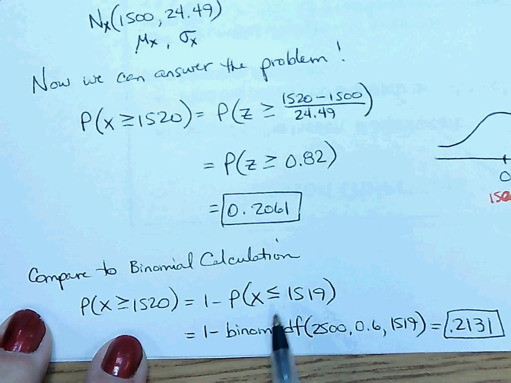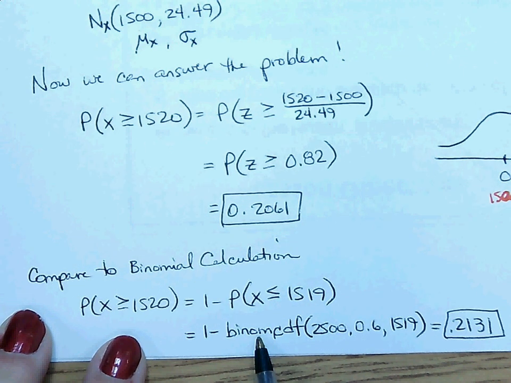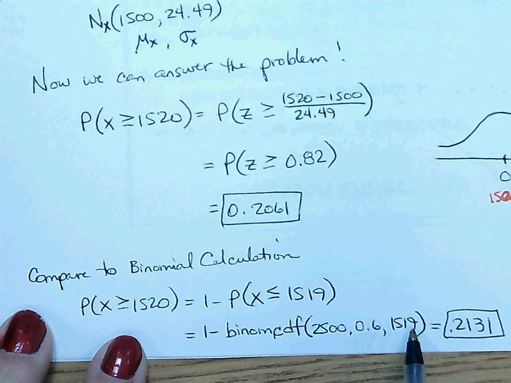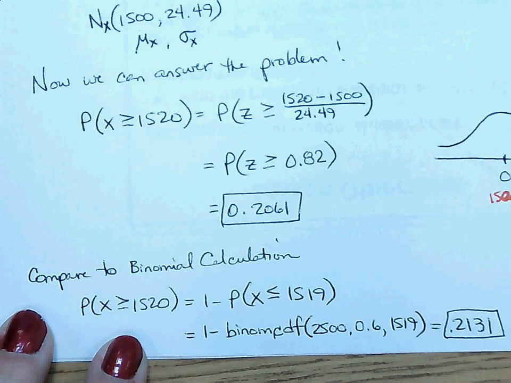I have to do it this way because binomial CDF on my calculator will only handle less than or equal to. So I do 1 minus binomcdf of (2500, 0.6, 1519), and I come up with 0.2131, which you'll see is very close, but it's not exactly the same.